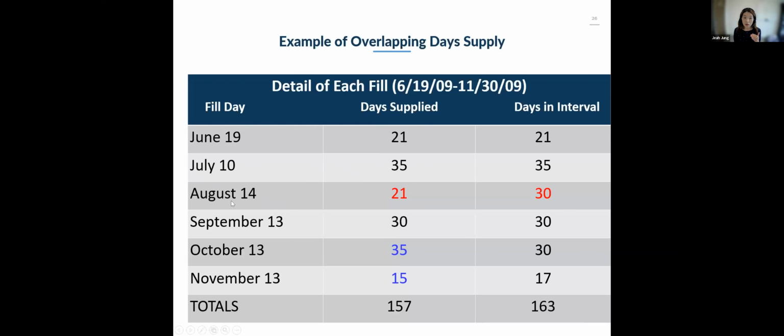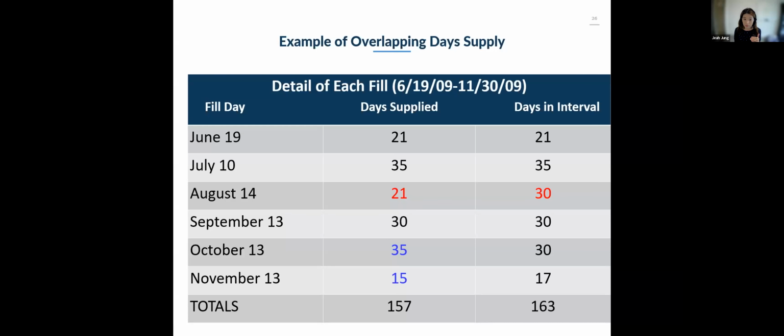Now here on August 14th, this beneficiary filled only 21 days of supply. But then the beneficiary didn't come back 21 days later. The beneficiary came back 30 days later. Then we know that there were 9 days not covered. 9 days the beneficiary didn't have any medication.